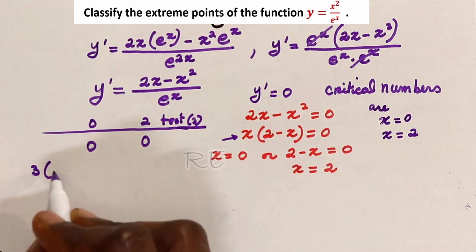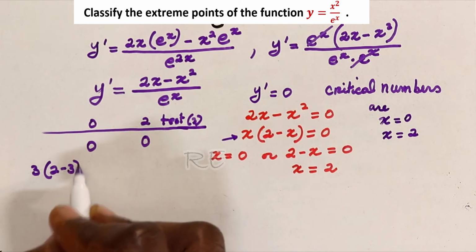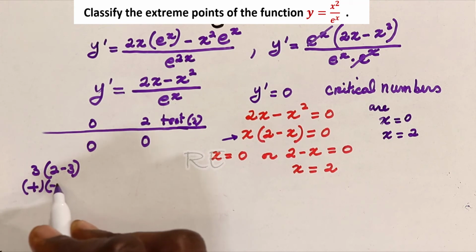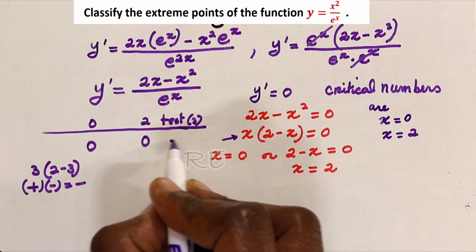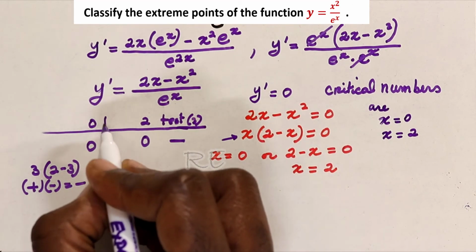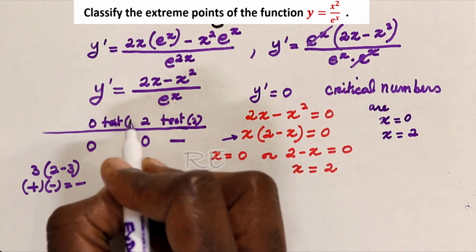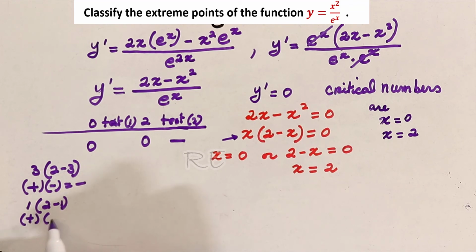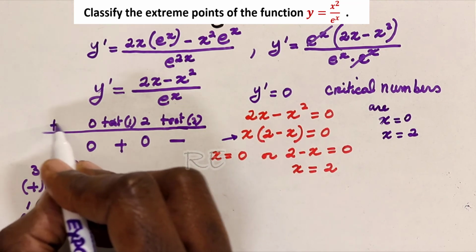And the derivative at 3 will be 3 times 2 minus 3, which is a positive times a negative, so the derivative is negative. We'll test in this interval between 0 and 2 for 1, and the derivative is 1 times 2 minus 1, a positive times a positive, and it'll be positive.